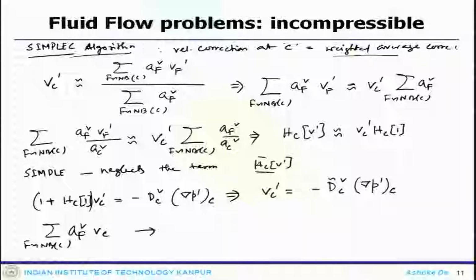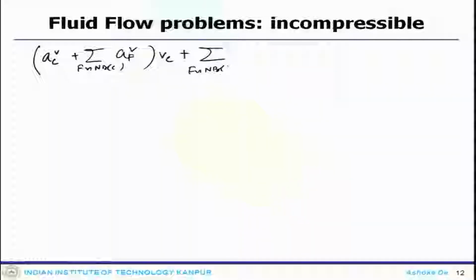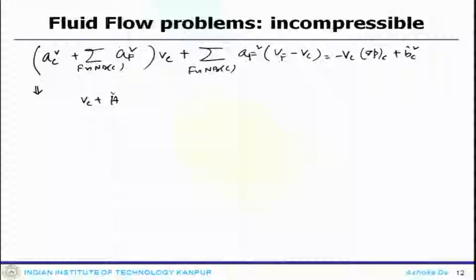So, you use this in the momentum equation, and once you do that, combining everything, it will lead to a_C V plus the summation over F in NB(C) of a_F V_C plus the summation over F in NB(C) of a_F V_F minus V_C equals minus V_C delta P_C plus B_C, which in a compact form one can write as V_C plus H_C V minus V_C equals minus D_C delta P_C plus B_C.